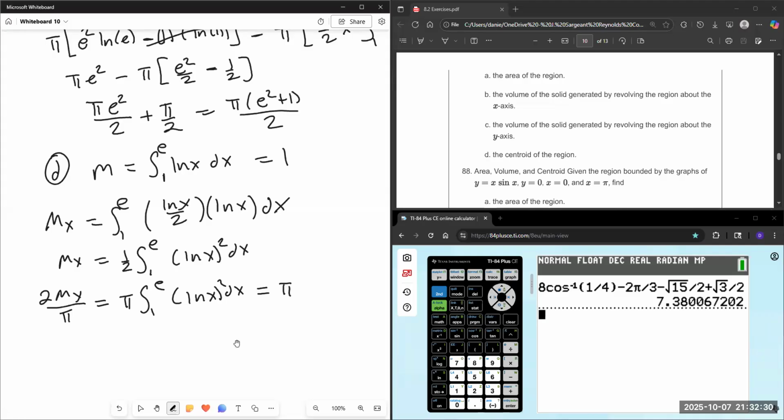I need to do this to both sides of the equation. So 2 and then multiply pi on both sides. So 2 pi mx is equal to pi times e minus 2. Pi's go away. Mx is e minus 2 over 2.